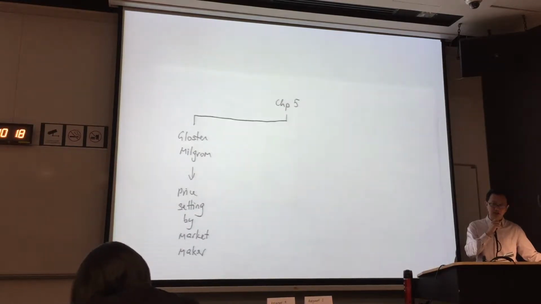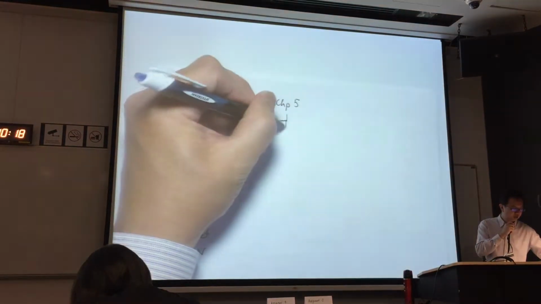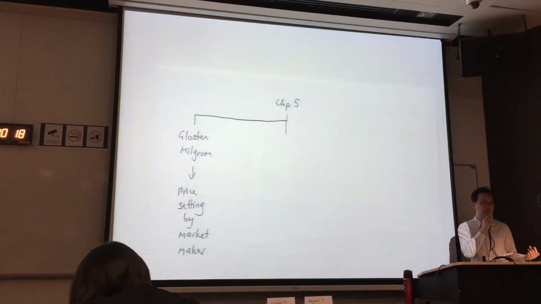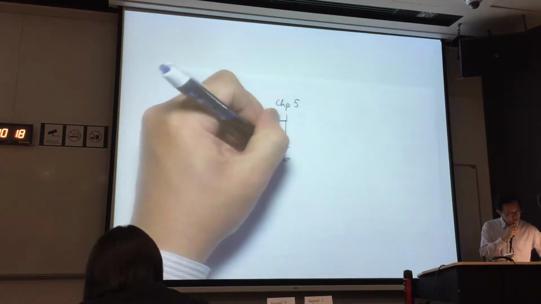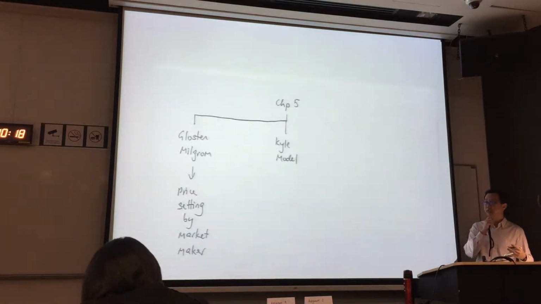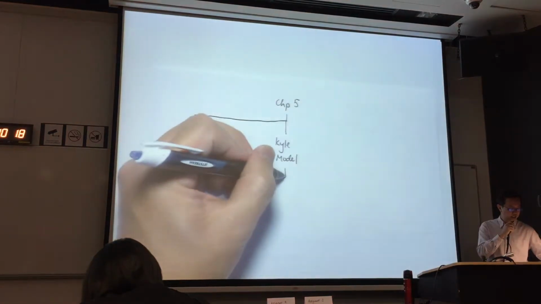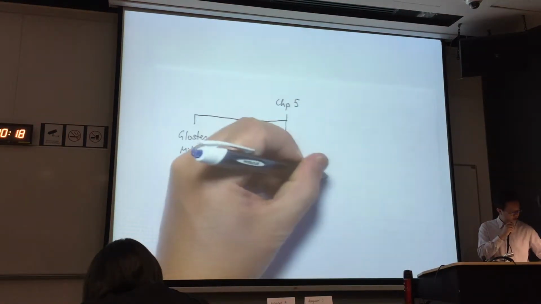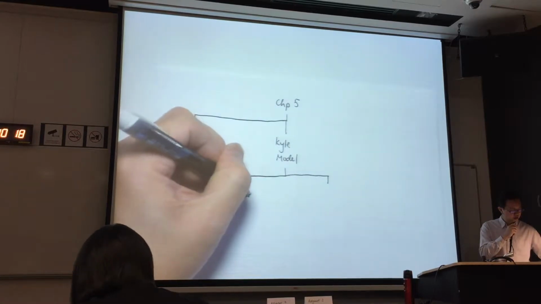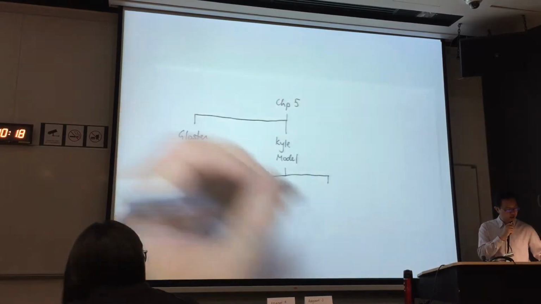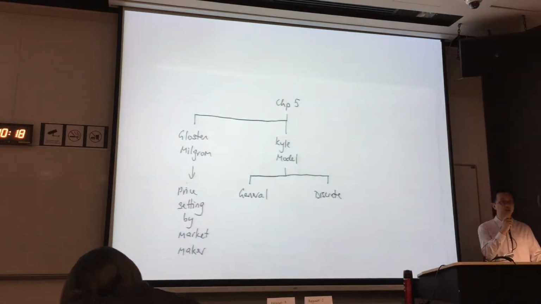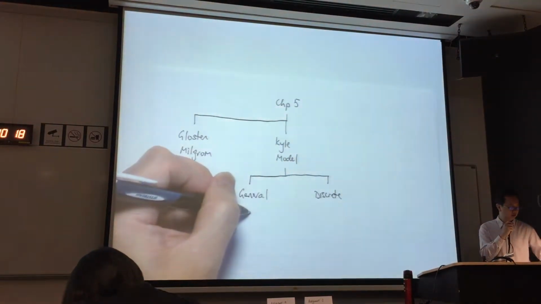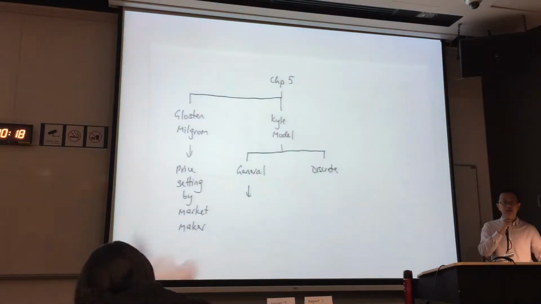Then next week, I will cover an alternative model, which is known as the Kyle model. When we cover this Kyle model, there are two versions: the general version and the discrete version. We'll start with the general version, as it will help you to explain the narrative side of the question structure.